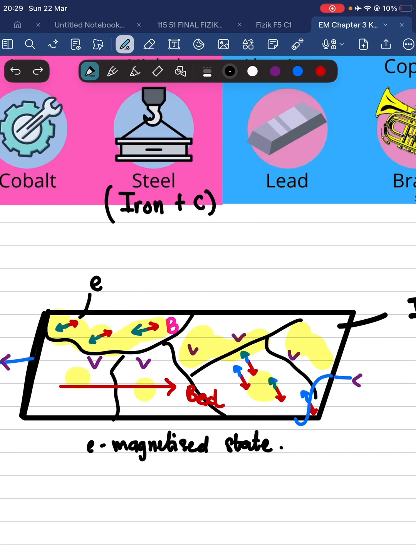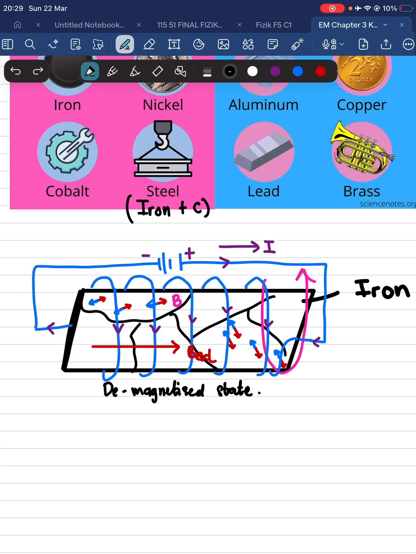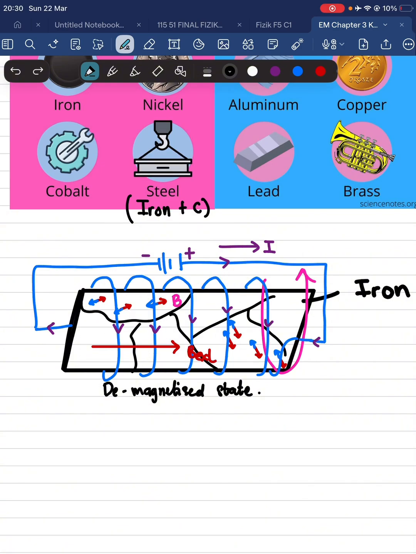Let me just delete everything. The red and also the blue lines are actually electrons, right? And when we coil the wire like this, of course there will be a current moving around this wire coil, circulating, right?